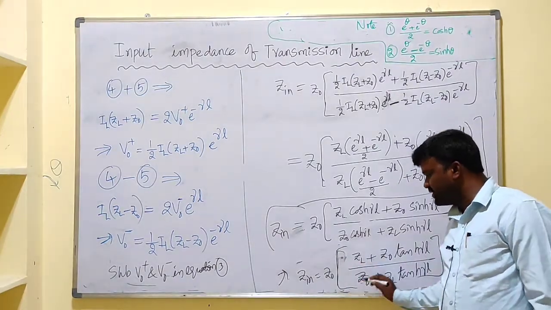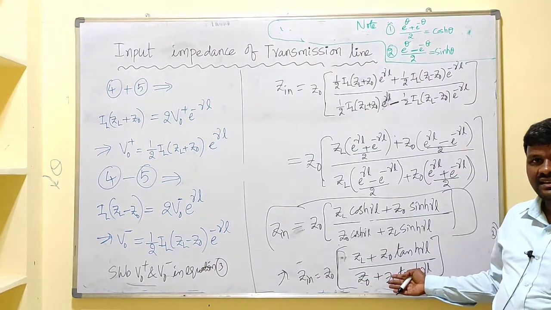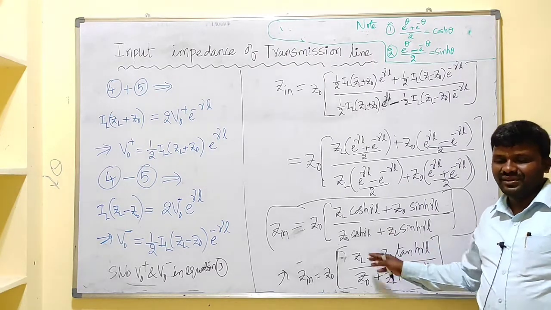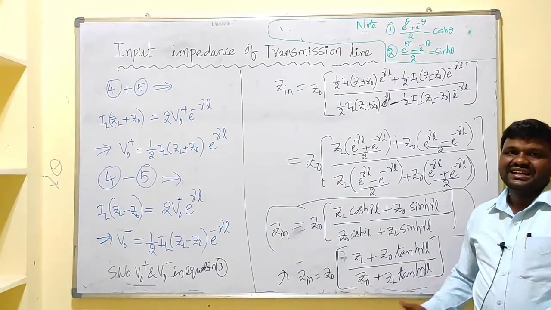It is very easy to remember. Start with Z0, then ZL, plus after ZL, Z0, the tan term, the second term is the tan term. So I can easily say without watching this equation, Zin equal to what?